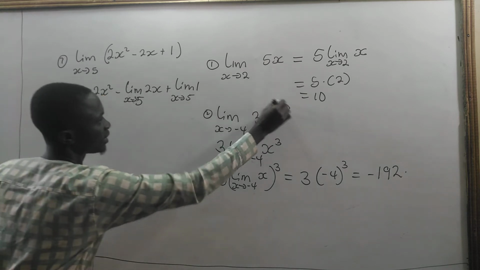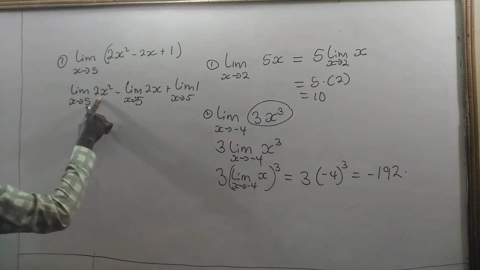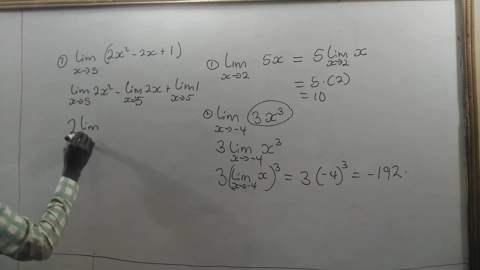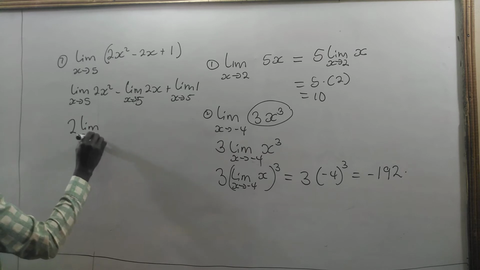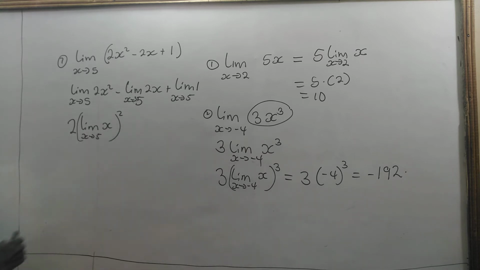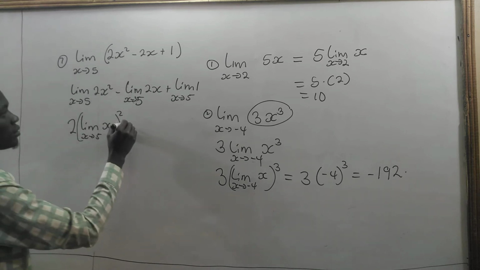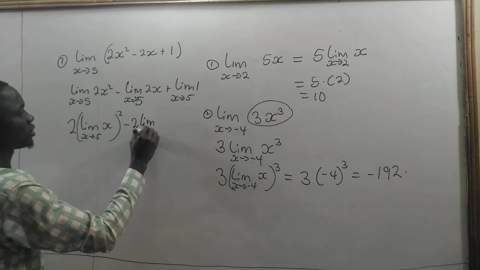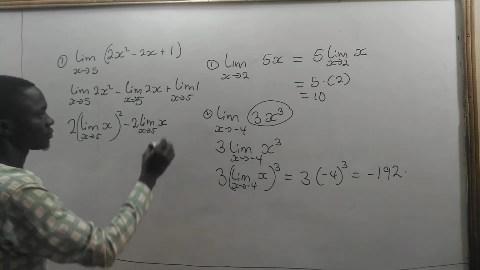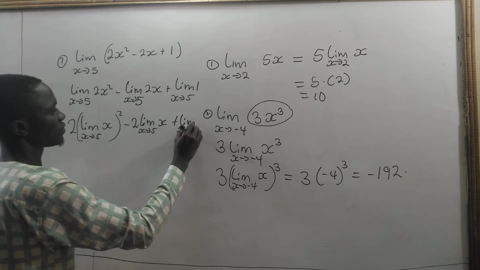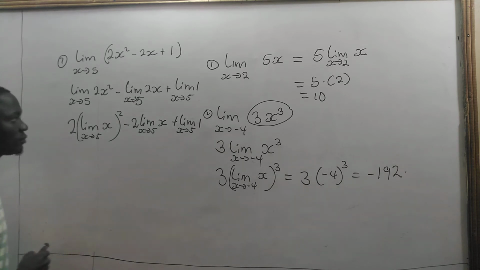How to simplify this? The same idea. So this is the same as 2 times the limit as x approaches 5 of x, put it in the square. Very simple as that. Minus 2 times the limit as x approaches 5 of x plus the limit as x approaches 5 of 1.